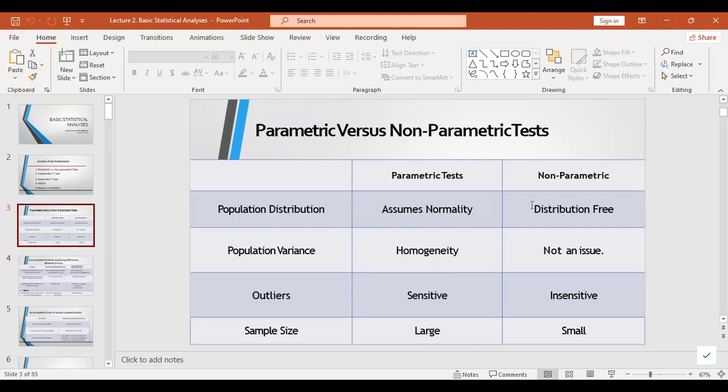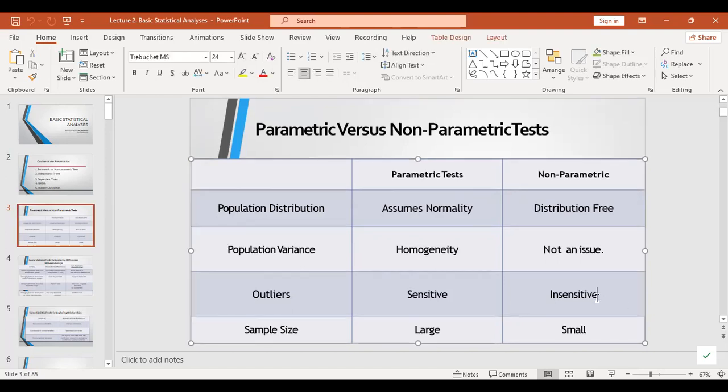So, pag-aaralan natin yan later on, how do we perform the normality test. And then population variance, homogeneity, is not an issue in non-parametric. Outliers also is an assumption for parametric test, and it is not an assumption for non-parametric.